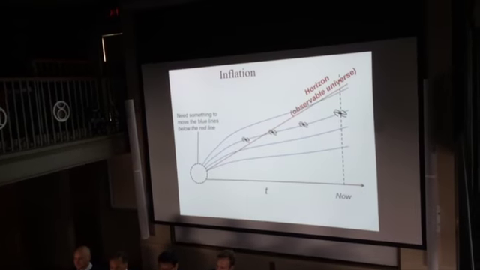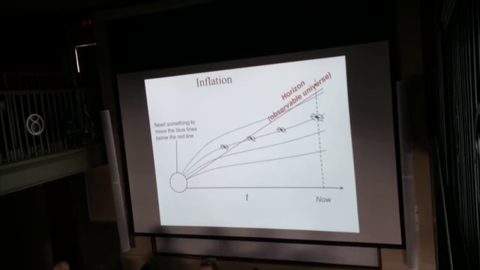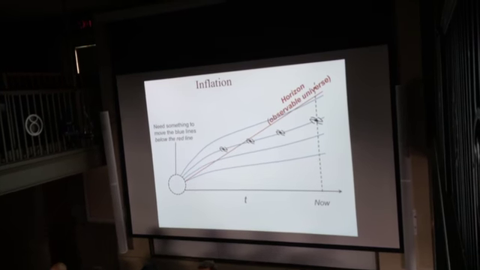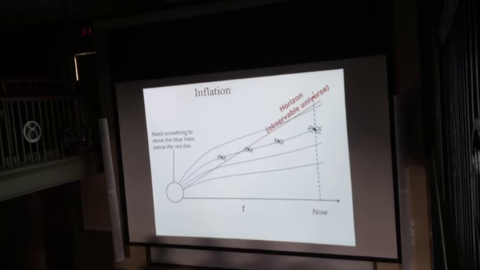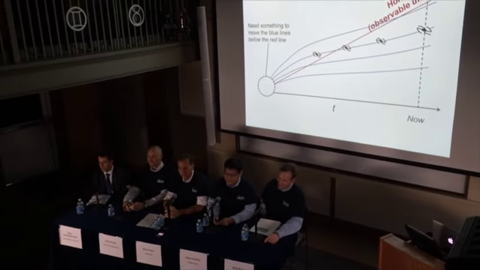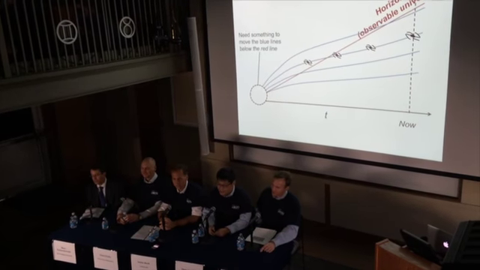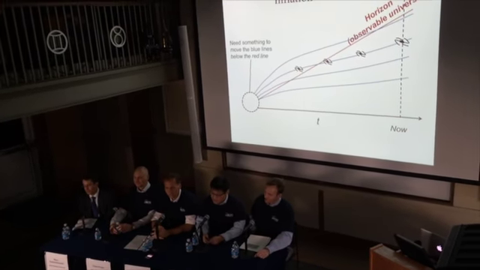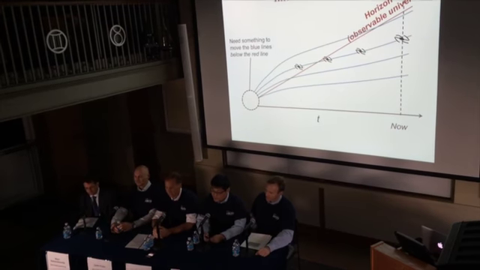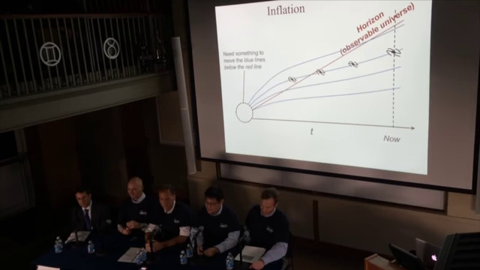I always thought of inflation as the bang of the Big Bang. Inflation was proposed in the late 70s and early 80s to explain a series of classical problems in cosmology related to the expansion of the universe. I'll just give an example.